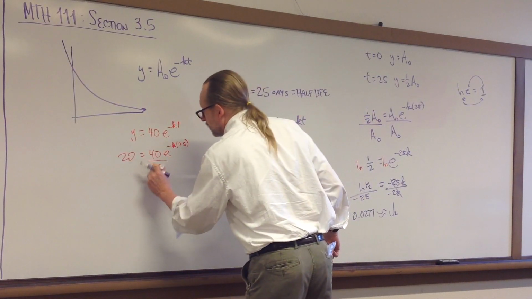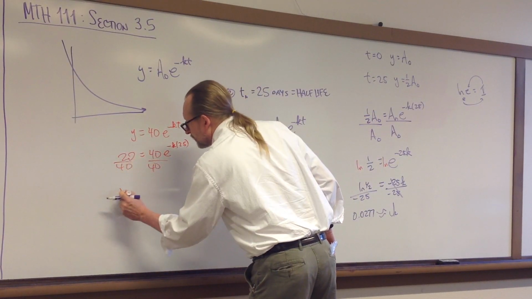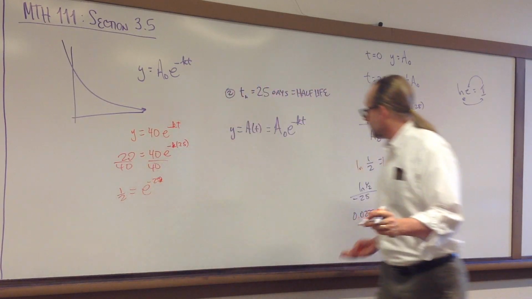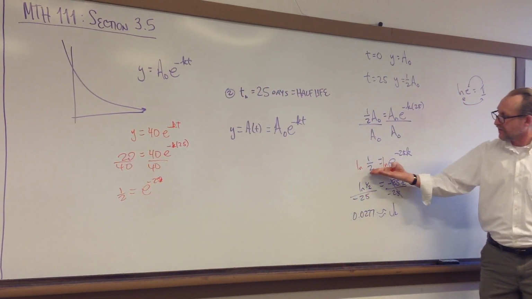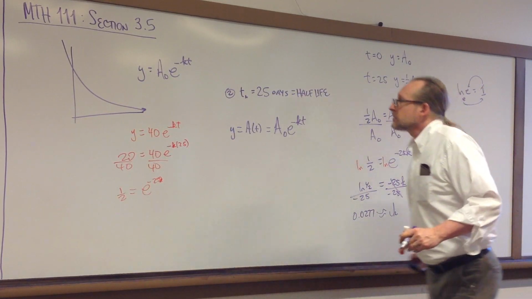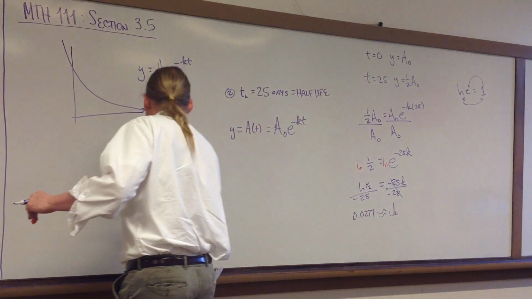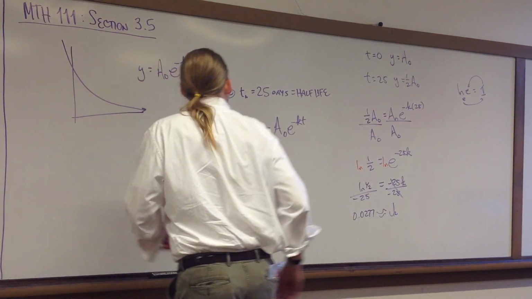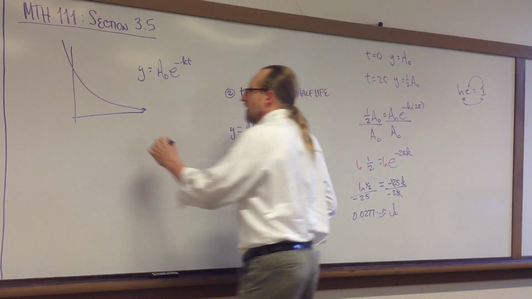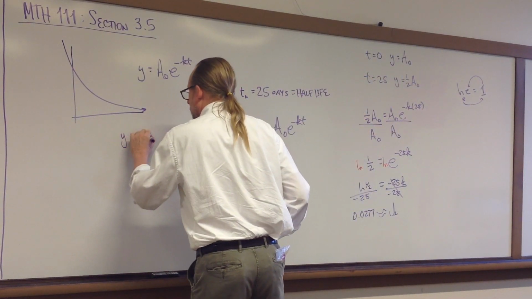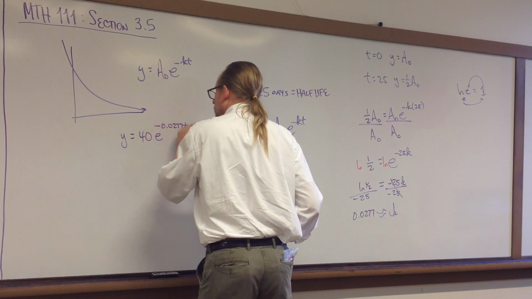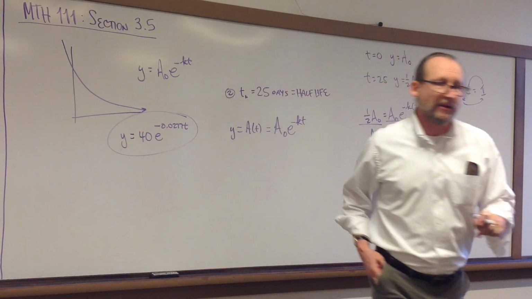When you divide on both sides by the 40, there's your 1/2 on this side, e to the minus 25k on that side. And that's the point we are right here, so the rest of the solution would be the same. Now we've got a value for k, 0.0277. The negative is part of the formula, and so when we put it in there to work these problems, we're going to have 40 e to the minus 0.0277 times t.